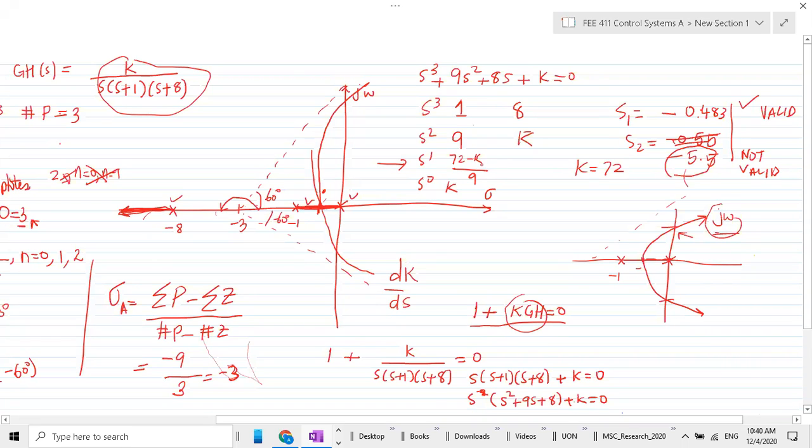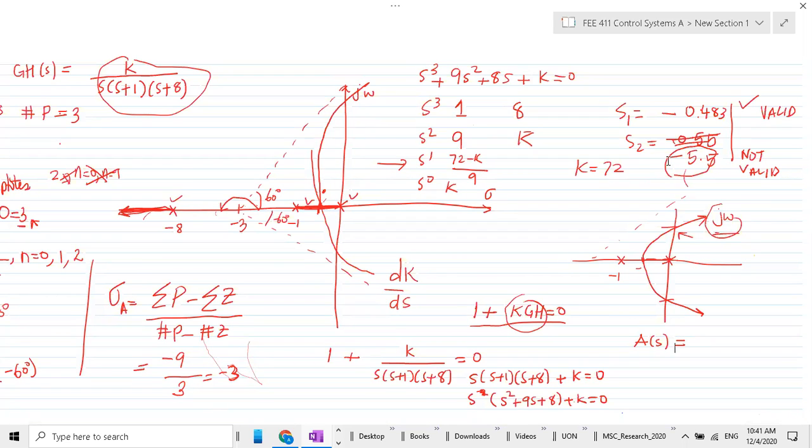So if k is 72, then we take the upper row, which is an auxiliary equation. Excuse me, sir. Why can't we set the s power 0 row to become 0, to be the 0 row?